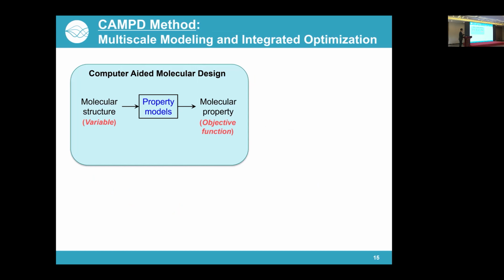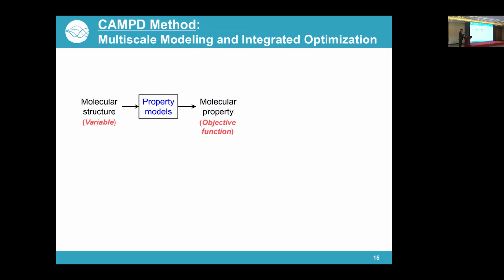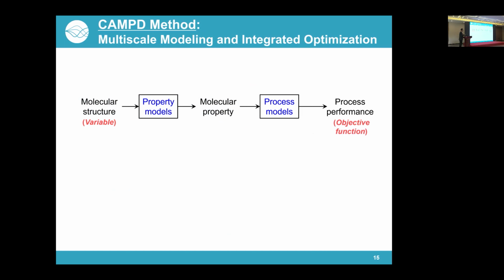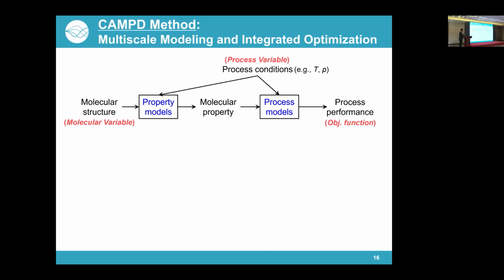Okay, so this is the framework of CAMPD. Now we want to design process. What do we do? You move the objective function here from molecular property to process performance, because this one is our final objective. So then, do not forget the process conditions as your process variables.